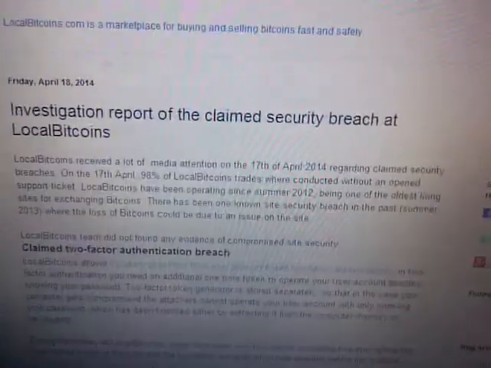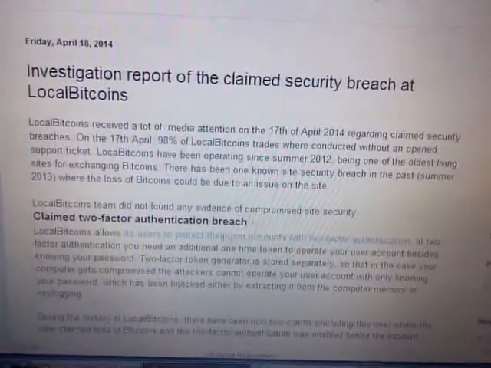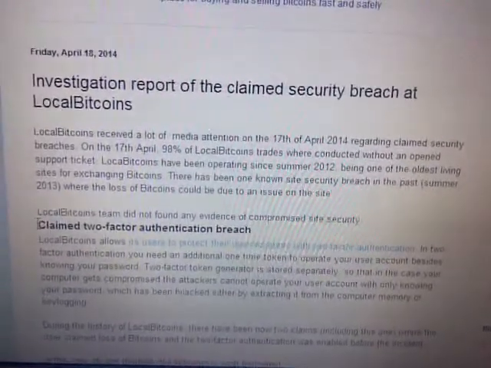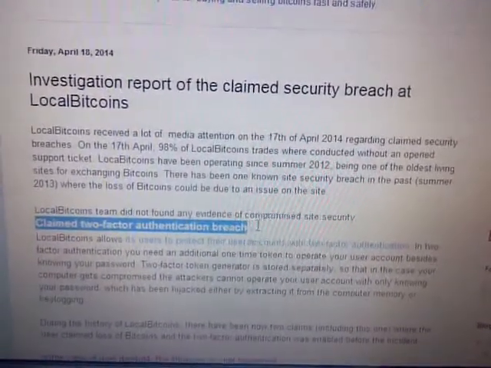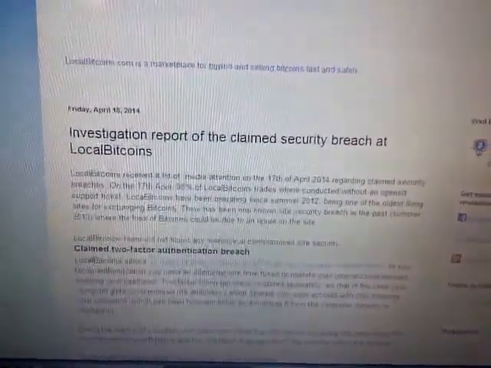If you just read along on it, it mentions right here the claim of a two-factor authentication breach from one particular user.